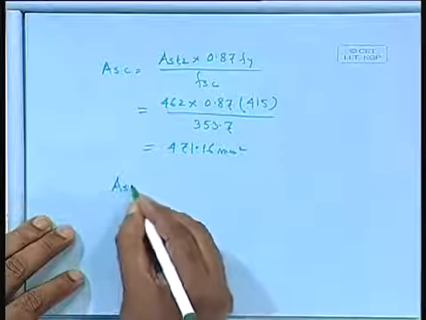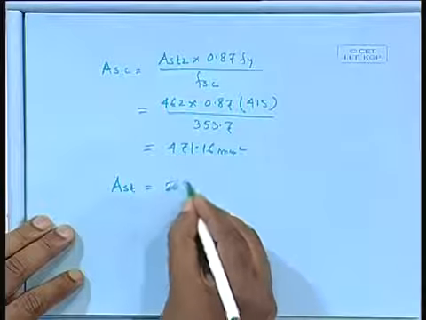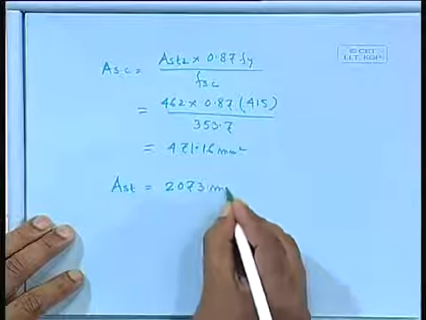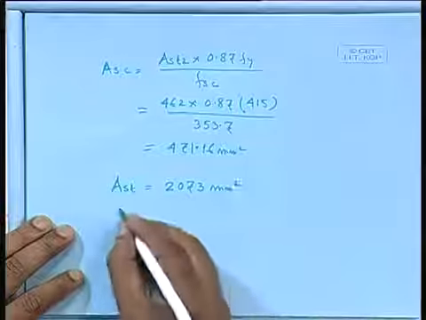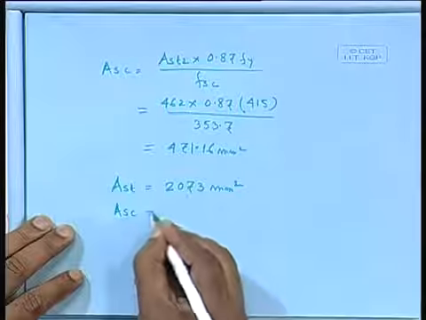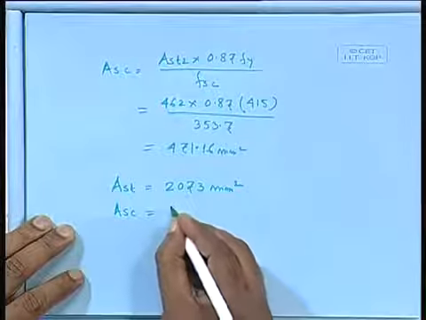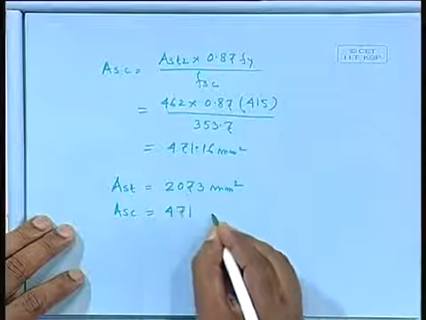Area of steel AST equal to 2073 square millimeter. ASC equal to, let us say, 471 square millimeter.